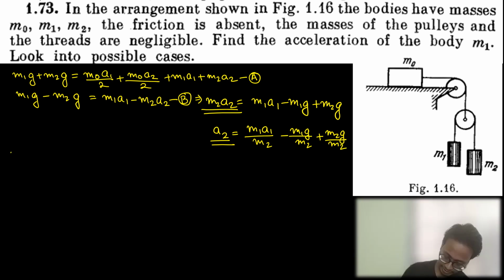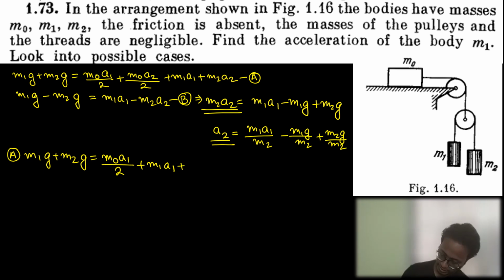Equation number a: m1g plus m2g is equal to m naught a1 divided by 2 plus m1 a1. I'm writing all the a terms together now, plus m2 a2, and m2 a2 can be written as this value. So plus m1 a1 minus m1g plus m2g.